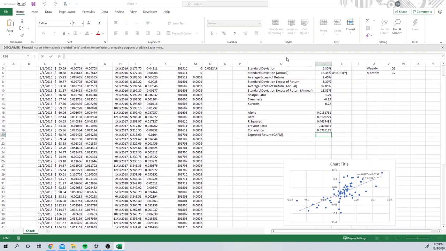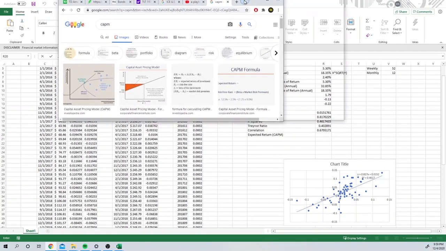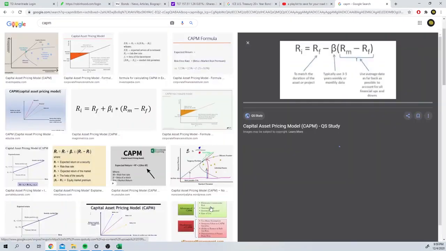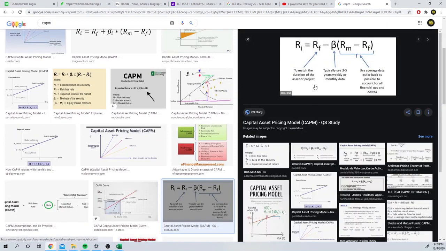Then expected return. Let me show you. CAPM. This is an asset pricing model created way back in the day. It's basic. This one's fine. So we have to take the risk-free rate minus beta times the market risk premium.